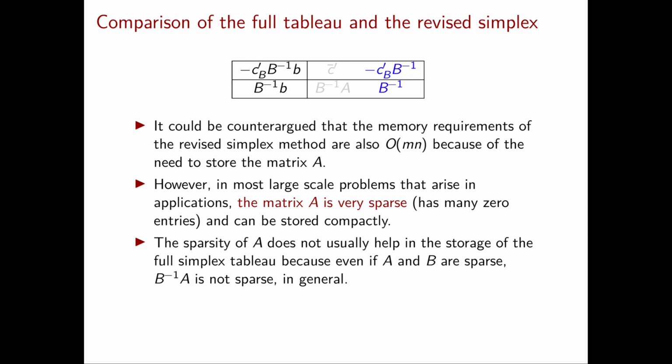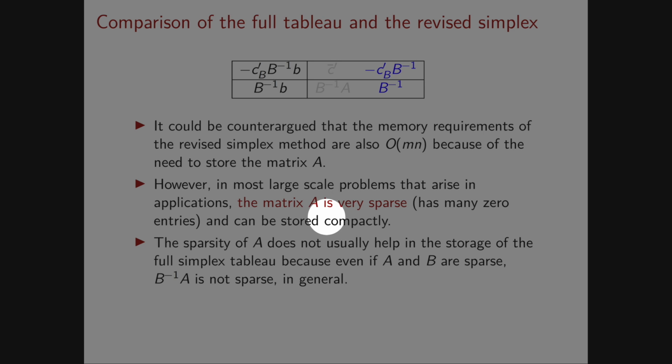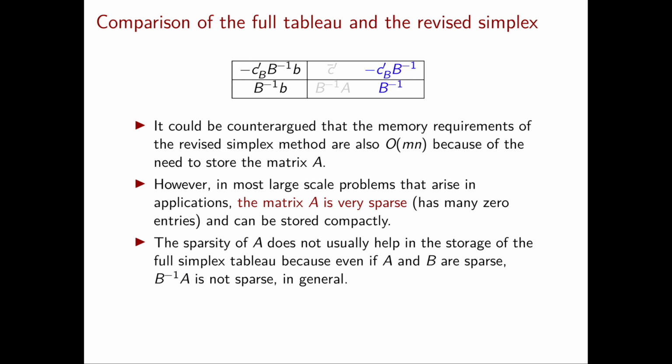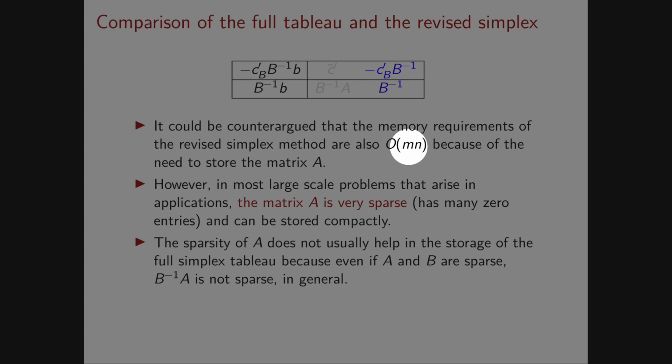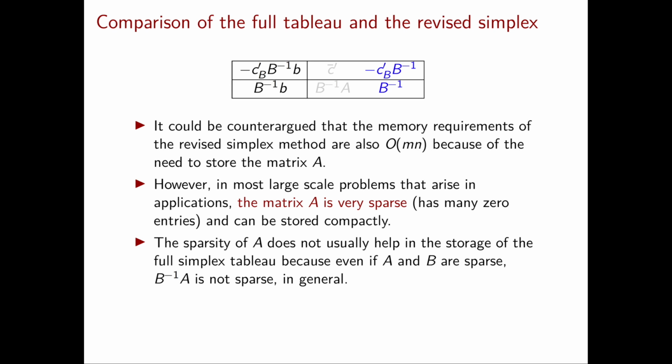Okay, so at this point we used the sparsity of the matrix A to argue that the memory requirement of the revised simplex is in most cases much lower than big O of mn. But you could wonder if the sparsity of the matrix A can also be used to decrease the memory requirements for the full tableau method instead.